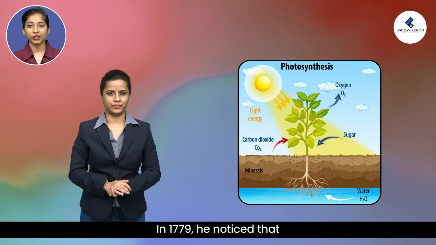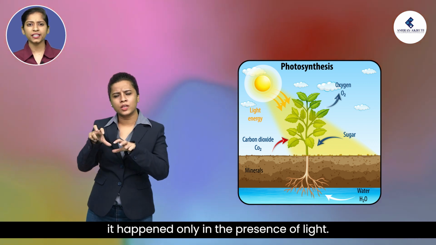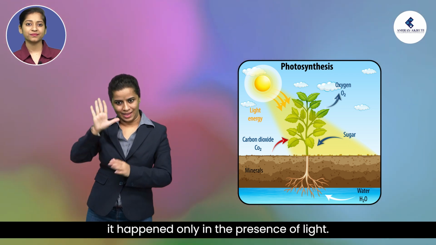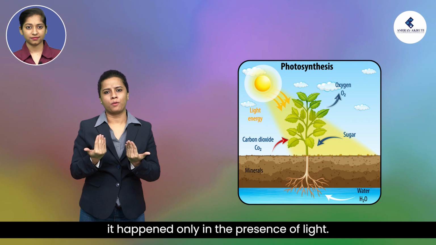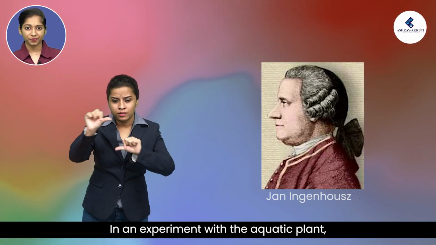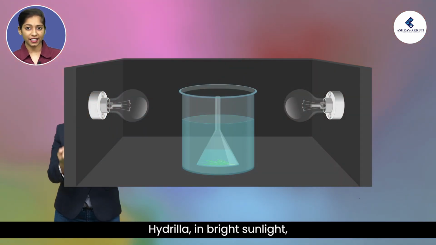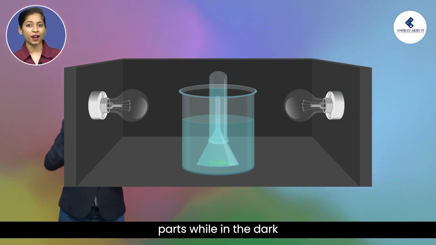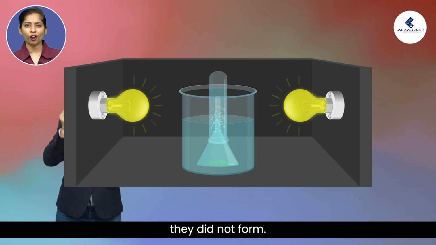In 1779, he noticed that it happened only in the presence of light. In an experiment with the aquatic plant Hydrilla, in bright sunlight, small bubbles formed around the green parts, while in the dark they did not form.